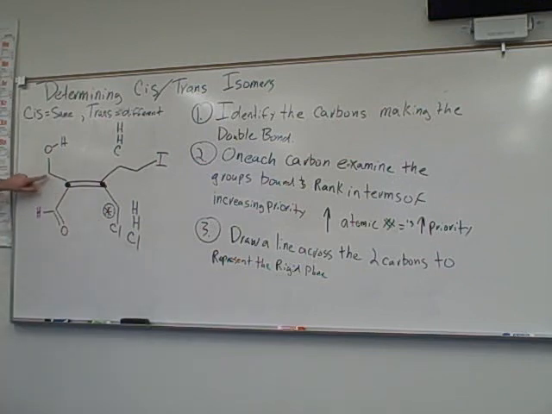Right here, both our groups are carbon atoms directly bound to our alkene. So we're going to have to determine which one of these has a higher priority by looking at what's bound to it. This carbon up here is bound to two hydrogens and an oxygen.